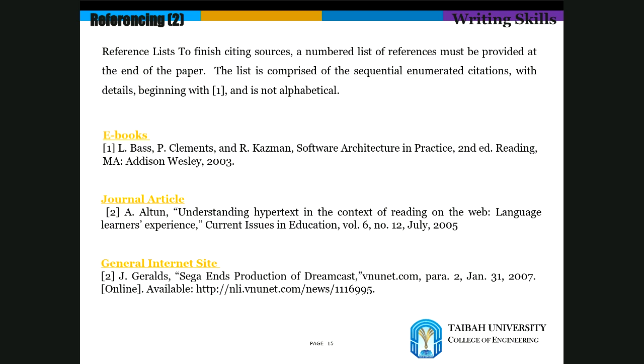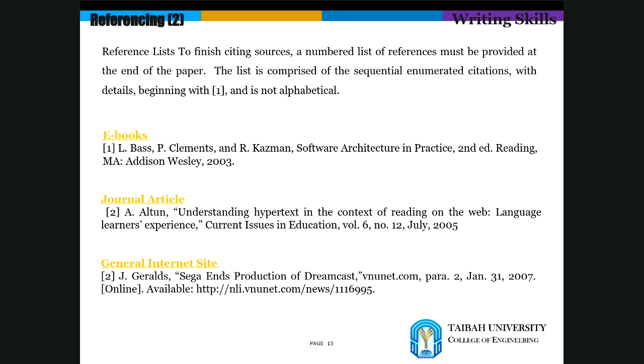So these are the 3 different types of publishing: book, journal article, or even a website. For a book, you need the names, the book title, who the publisher is, and which year.